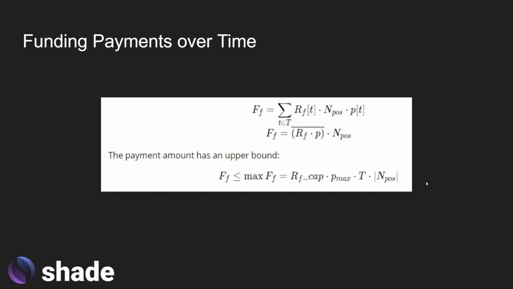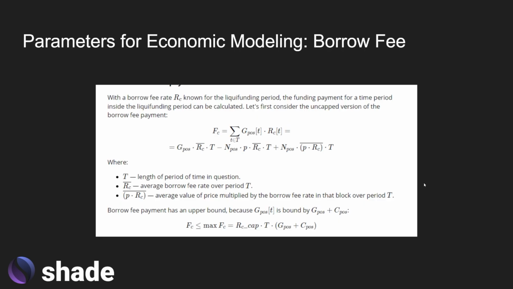So let's go to the next set of fees, which are borrow fees. Borrow fee payments are impacted primarily by collateral locked up in the counter trade to your position, and the borrow fee rate at any given time. So we want to find the total uncapped borrow fee, which is what this equation is looking to calculate right here.